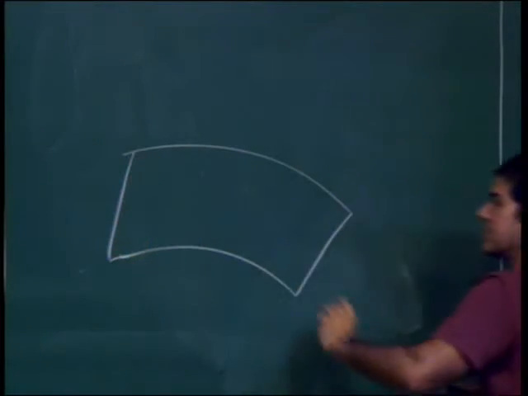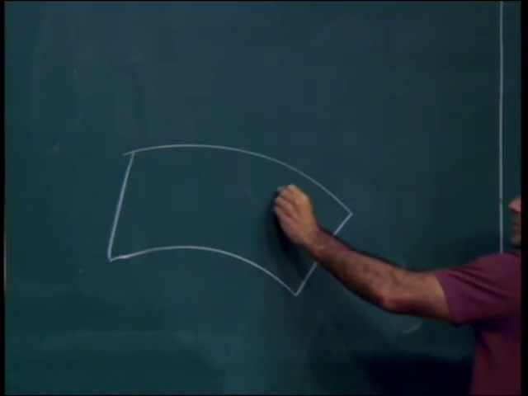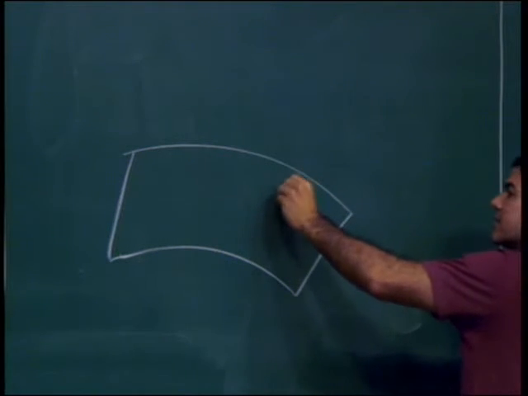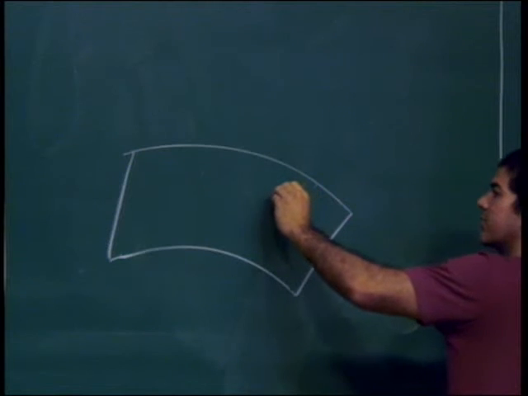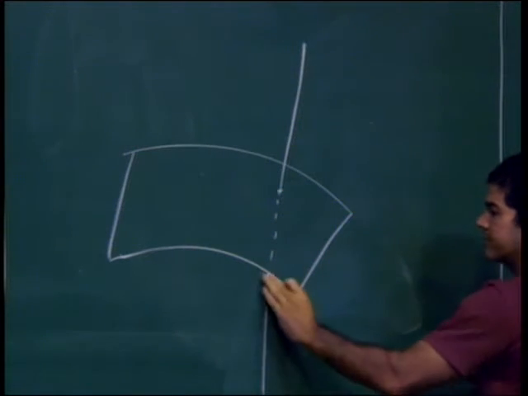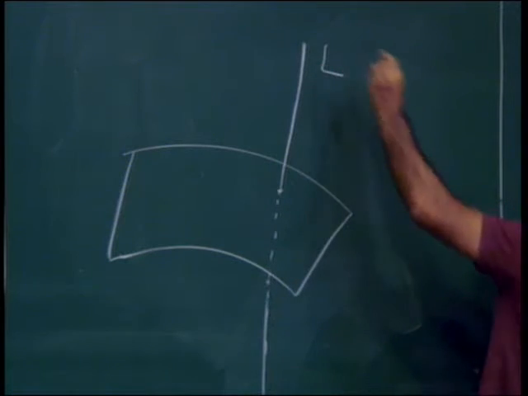So I'm going to draw a surface such that each line of this congruence of lines passes through the surface. Okay, so if we take a particular straight line, I'm going to call it L.